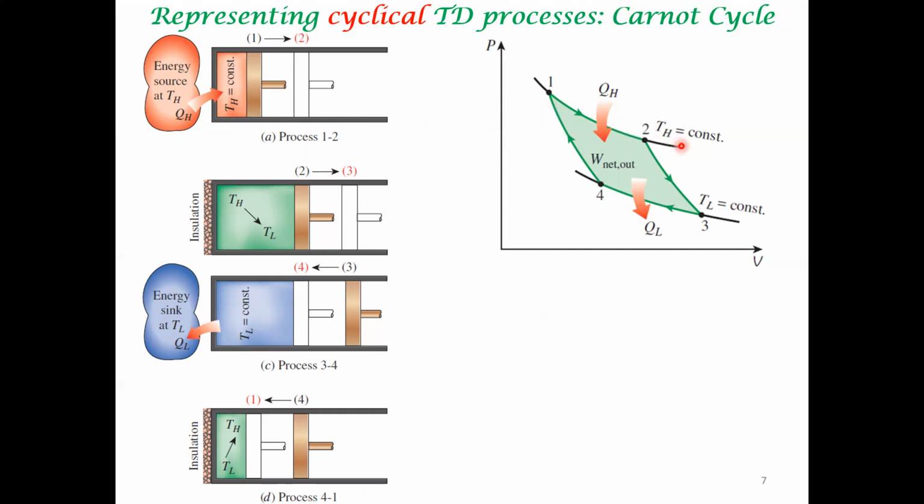It is accepting heat from a high temperature reservoir and it is undergoing isothermal expansion. It is a reversible heat transfer, mind you. So it accepts heat and expands, but the temperature remains constant.